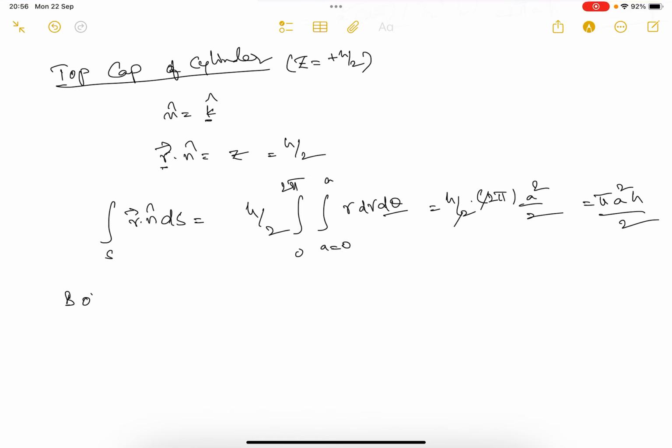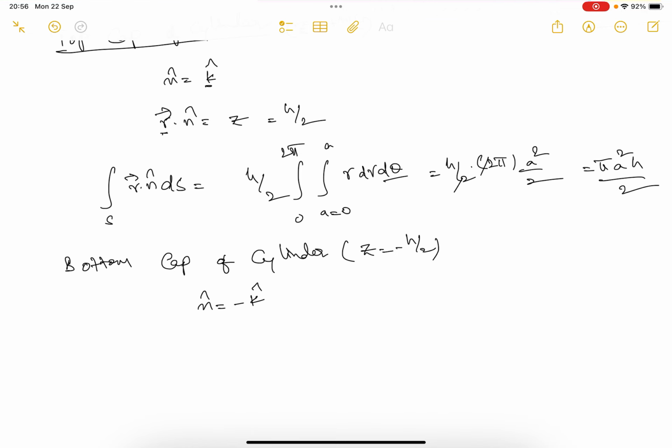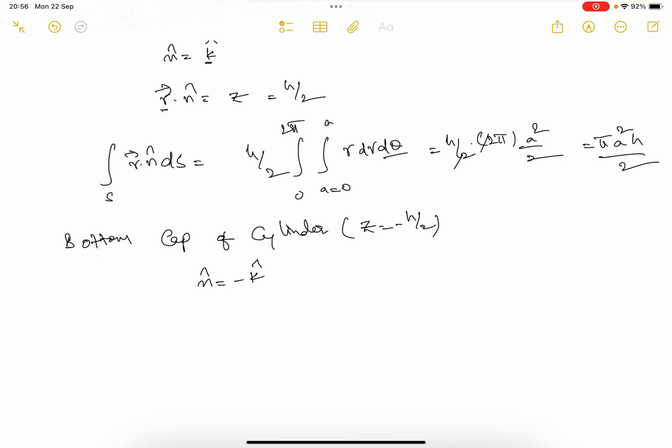Then let's calculate the contribution of the bottom cap of the cylinder. Here, as you can see, z equals minus h by 2, and the unit vector perpendicular to this bottom cap is minus k cap, right? And here r bar dot n cap, right?